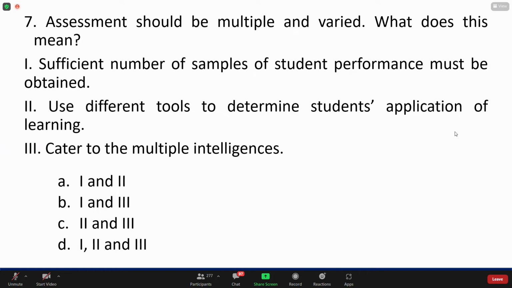Assessment should be multiple and varied. What does this mean? Number 1, sufficient number of samples of student performance must be obtained. Number 2, use different tools to determine students' application of learning. Number 3, cater to the multiple intelligence. What's your answer? Wait lang po, sir.